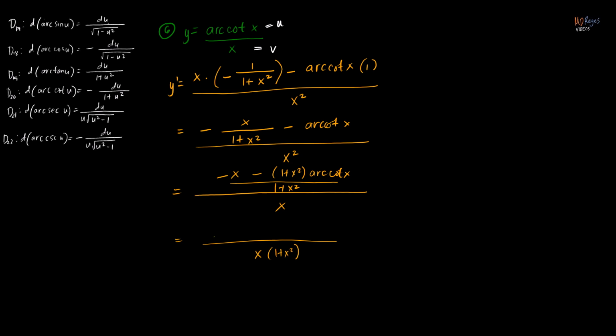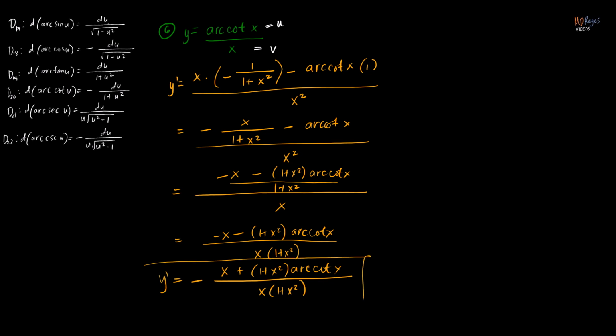And then the numerator is negative x minus 1 plus x squared, arc cotangent of x. If you want, we can factor out negative 1 from the numerator, so we can write our final answer in the form negative of x plus 1 plus x squared, arc cotangent of x, all over x times 1 plus x squared. This is the derivative of the function.